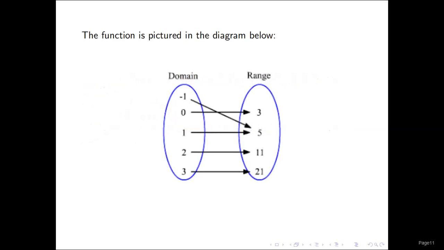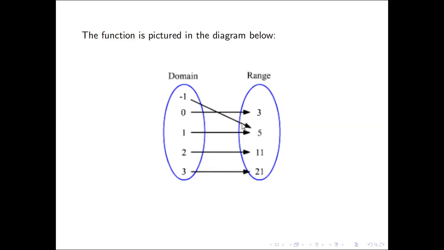So we can picture the function or the pairing using a diagram. Notice that I've just drawn two sets here, and I put all the x coordinates in the first set and all the y coordinates in the second set. And then instead of using ordered pairs, I just picture the function by using arrows.